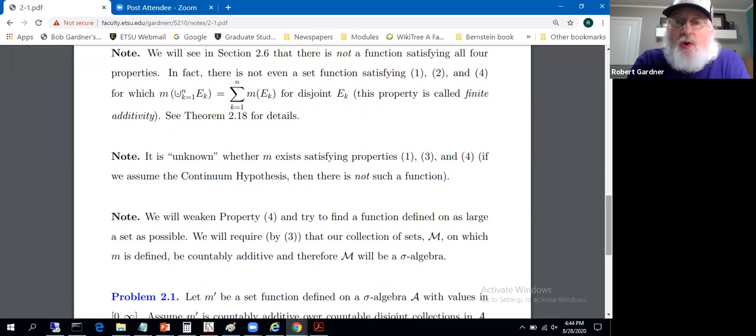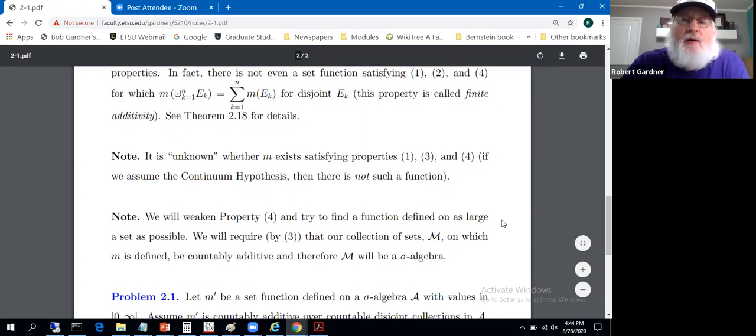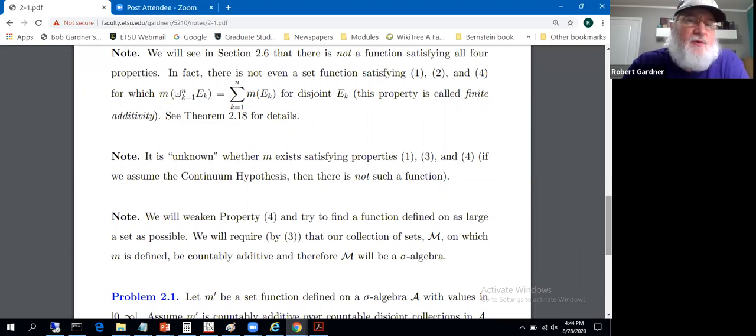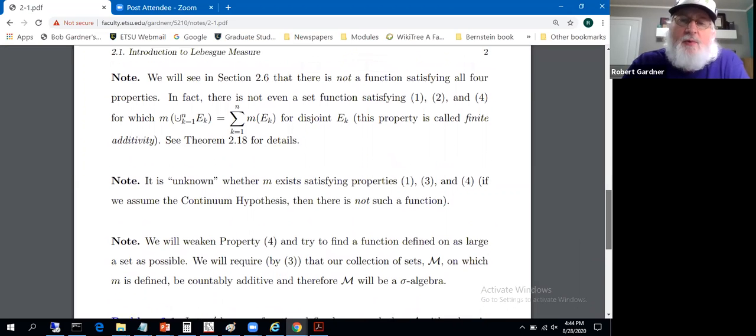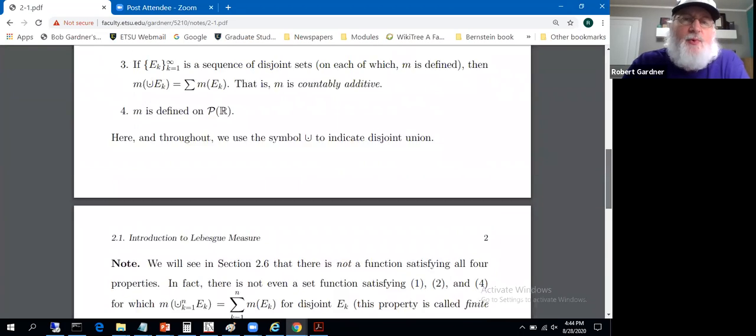It's unknown, quote unquote, whether a measure satisfying properties 1, 3, and 4 exists. If we assume the continuum hypothesis, such a function does not exist. Continuum hypothesis is related to cardinalities of subsets of the real numbers, say. We went through that earlier. Properties 1, 3, and 4.